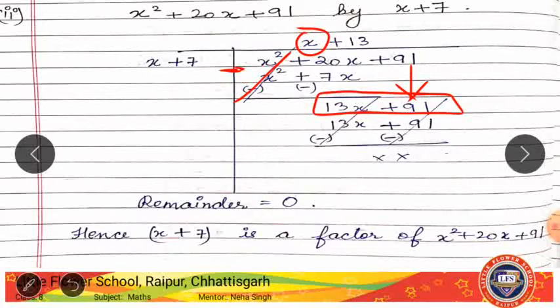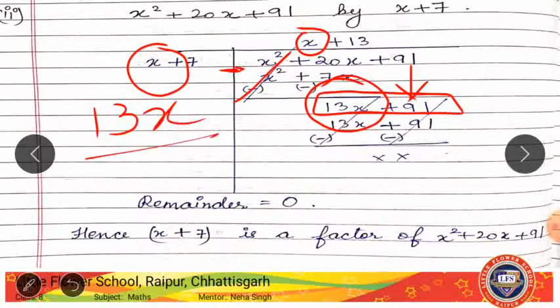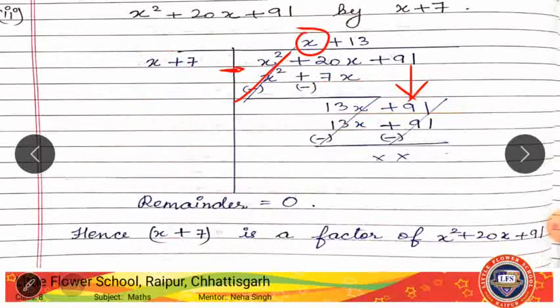So now again we are going to repeat the steps for this dividend, 13x plus 91. We will divide 13x by x. When we divide 13x by x, we get 13, which means the next term of our quotient is 13.